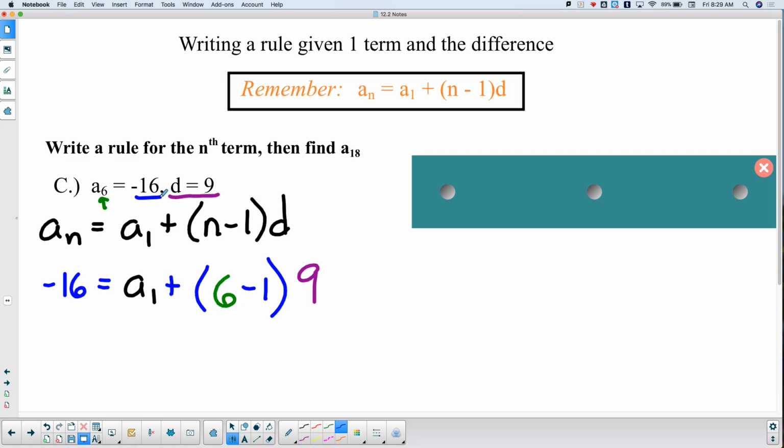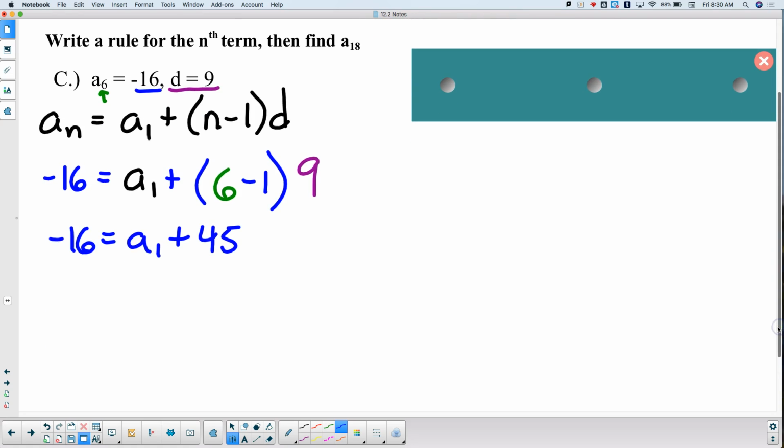And I can solve that for my first term. 6 minus 1 is 5. 5 times 9 is 45. I can subtract 45 from both sides, and that gives me that my first term is negative 61.